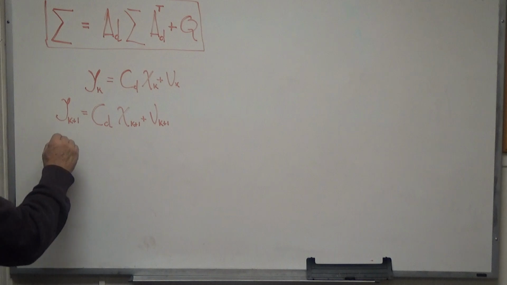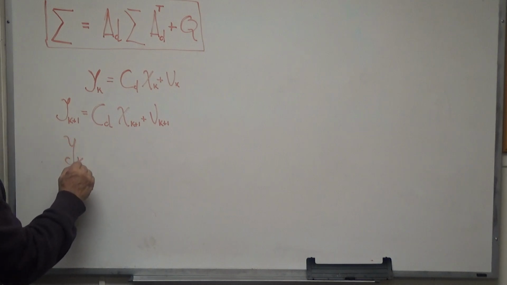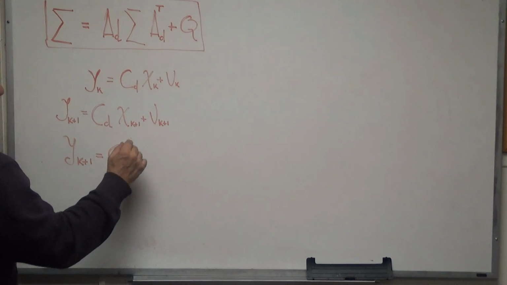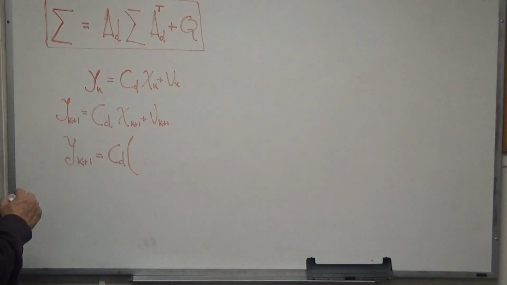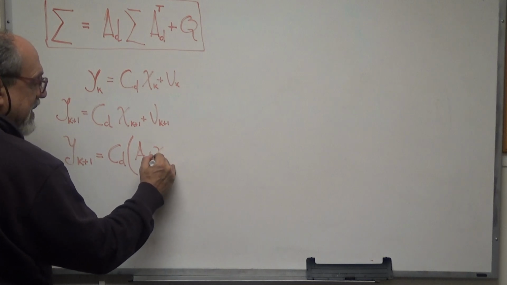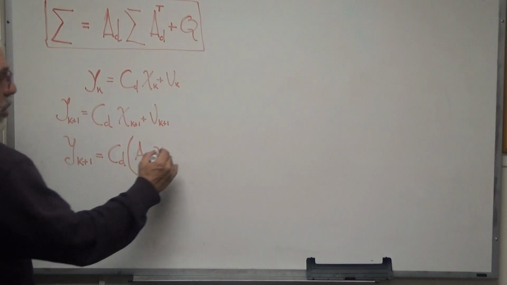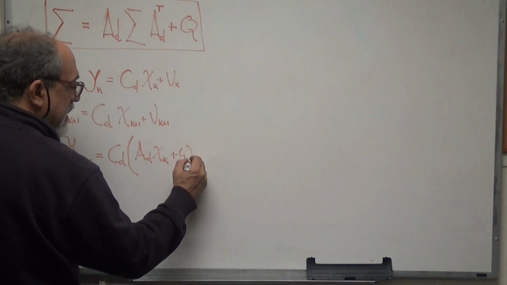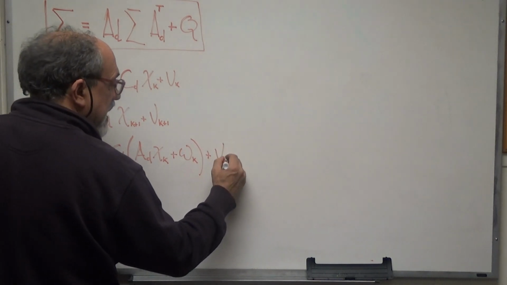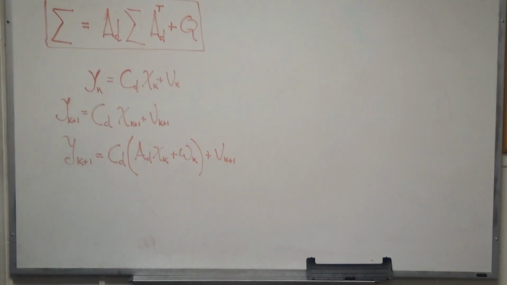But from here you can see that y at k plus 1 is equal to CD, and then what is x at k plus 1? It is equal to AD x at k plus omega at k, right? Plus v at k plus 1.